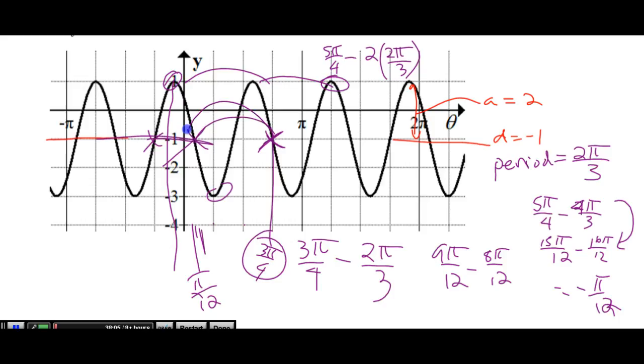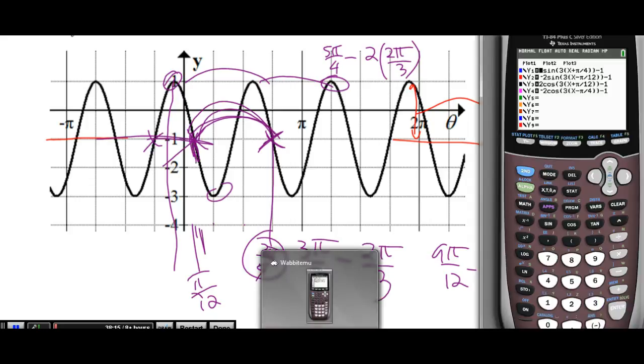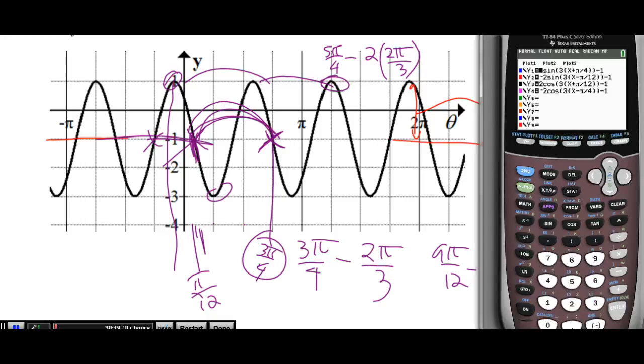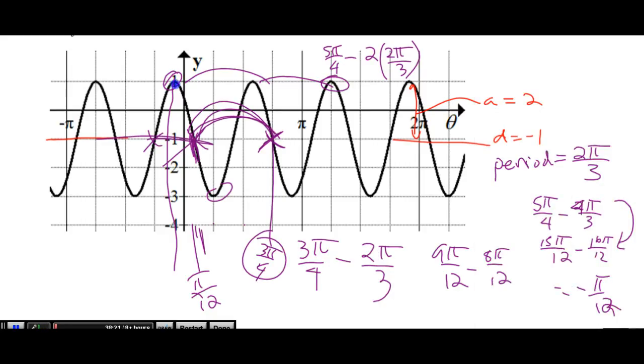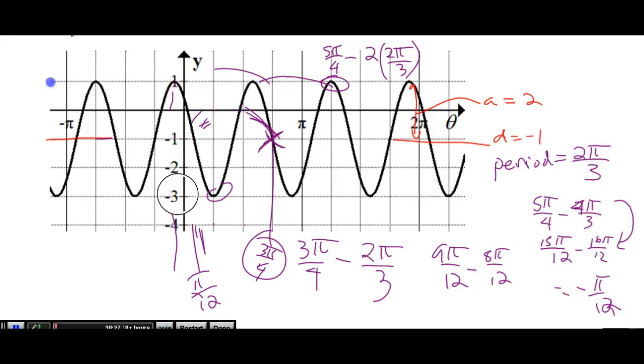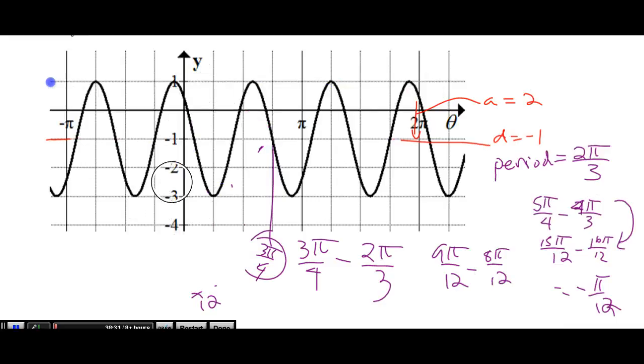Okay, 1 period is 2 pi over 3. That's 9/12. Back up 8/12. We're at 1/12. So that's why that equation is minus pi over 12. Okay, the sine function, that's plus, it's left pi over 12. And let's just clean this off. Lots of junk.